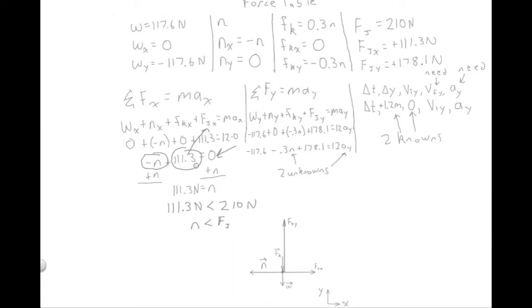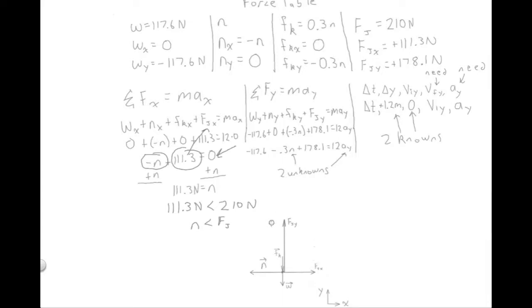Notice you should not say that the normal force equals the x component of the pushing force. Be more specific and say that they're equal in magnitude. In magnitude, they're equal. But notice that the direction of this normal force is not equal to the direction of the pushing force.